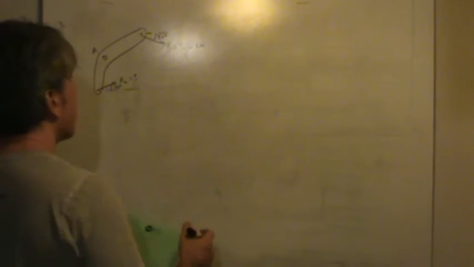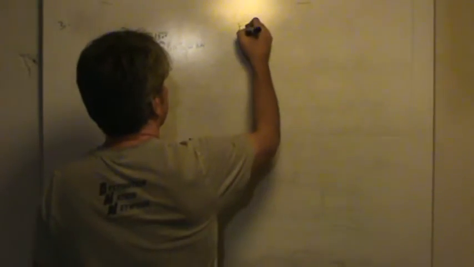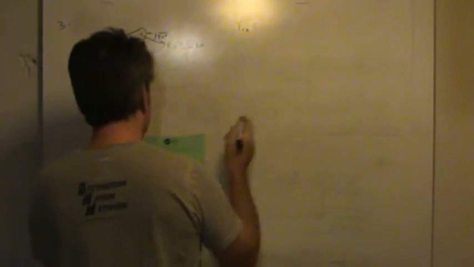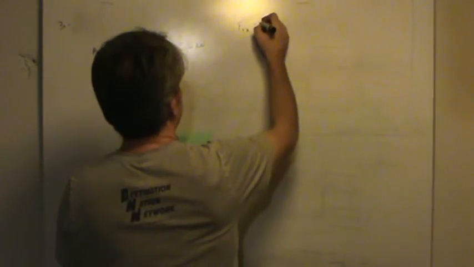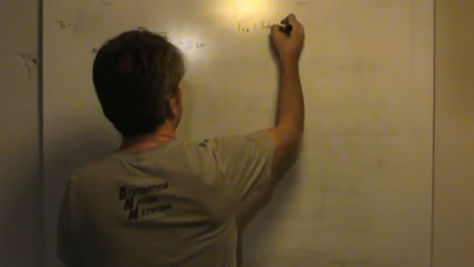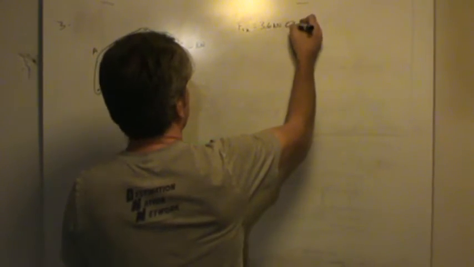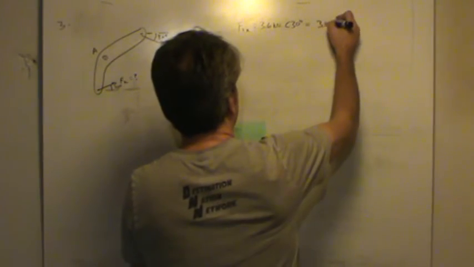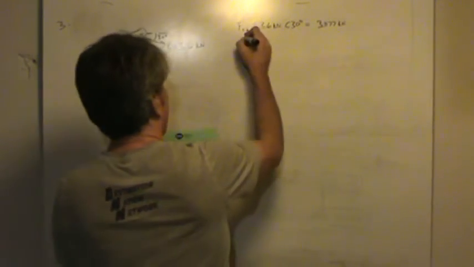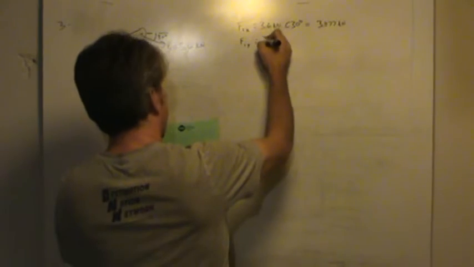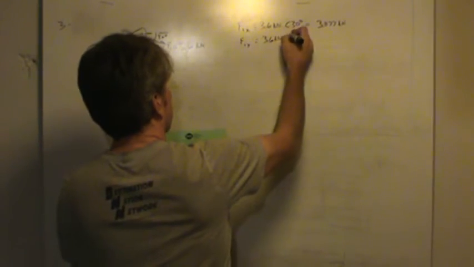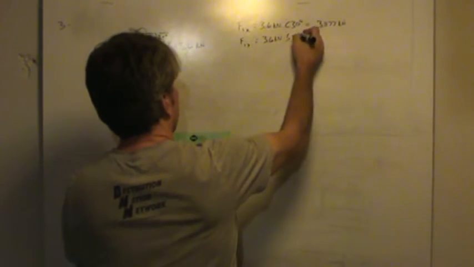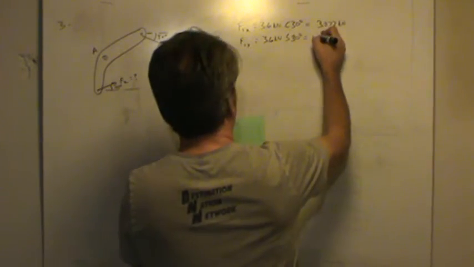Here's what I did. I calculated the x component of F1 and found that it would be 3.6 kilonewtons times, using my shorthand, cosine 30 degrees. That comes out to about 3.1177 kilonewtons. F1y, 3.6 kilonewtons multiplied by the sine of 30 degrees gives us 1.8 kilonewtons.